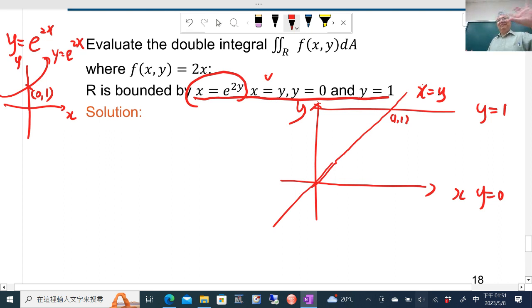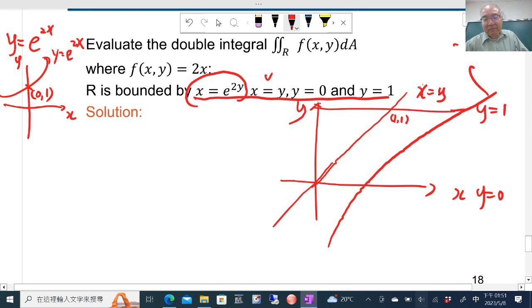So we should flip our x and y. So the curve should be something different now. So this is x equal to e to the power 2y. Okay, and here we should have 1 and 0.